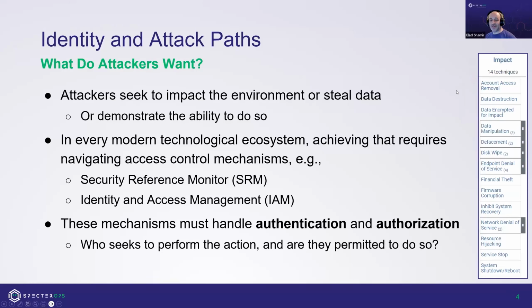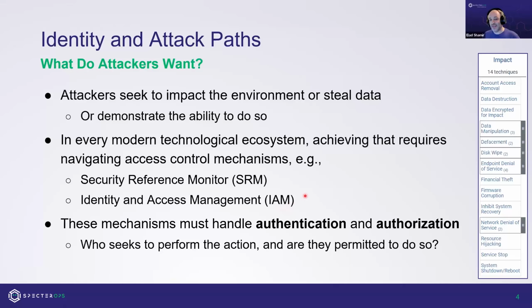And in every modern technological ecosystem, attackers always have to navigate some sort of access control mechanism in order to actually achieve impact. It can be a security reference monitor on your operating system. It can be an IAM mechanism in some cloud platform.